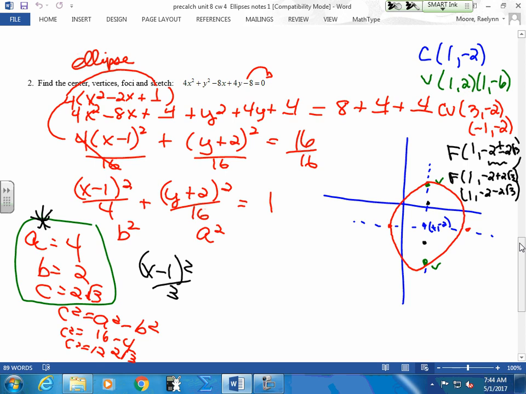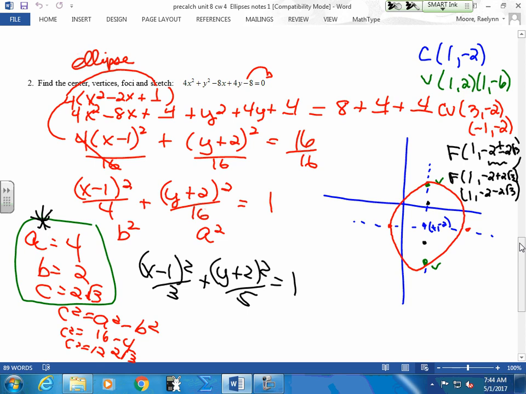If I did this, don't forget to take the square roots. That'd be radical 5 a, radical 3 b, and c would be radical 2. They could all be radicals. So even though they don't look like perfect squares, don't forget to take the square root.